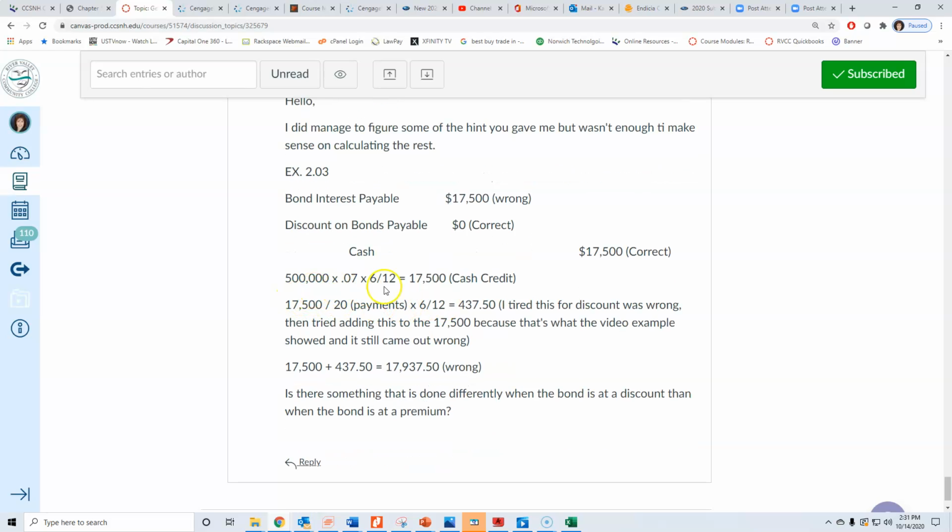The calculation for the cash is dead on. So the 500,000 at 7% correctly split into 2 payments a year is 17,500. So the question is, how do we handle this bond discount? And again, I think that this field was already also marked wrong in addition to the numbers.